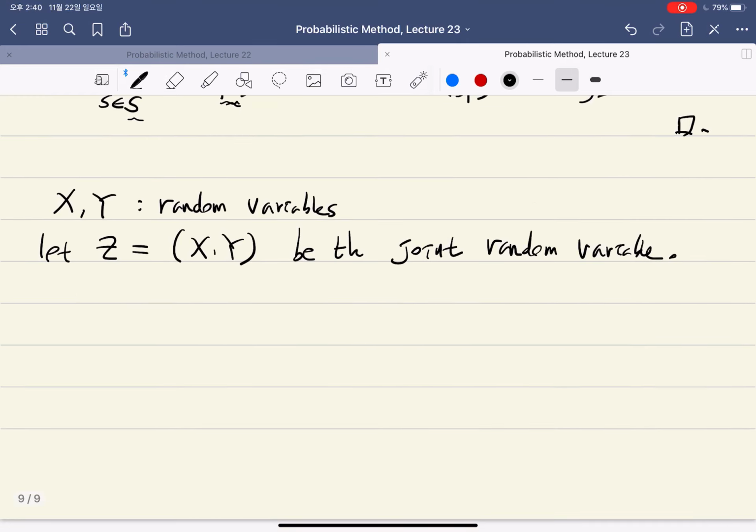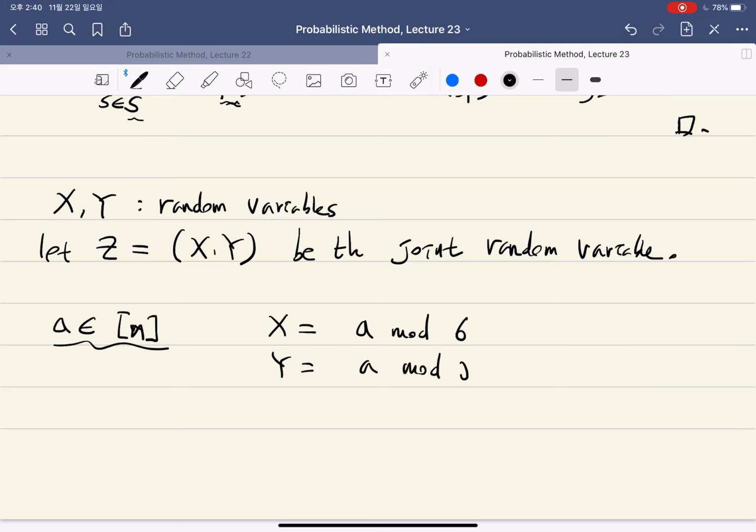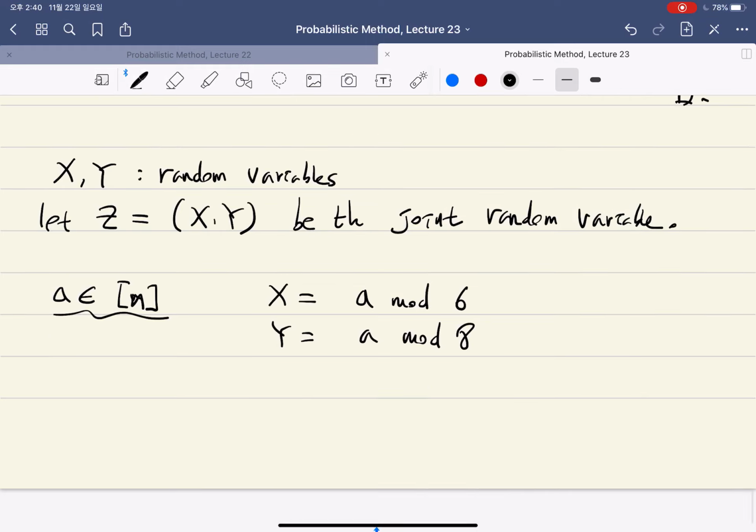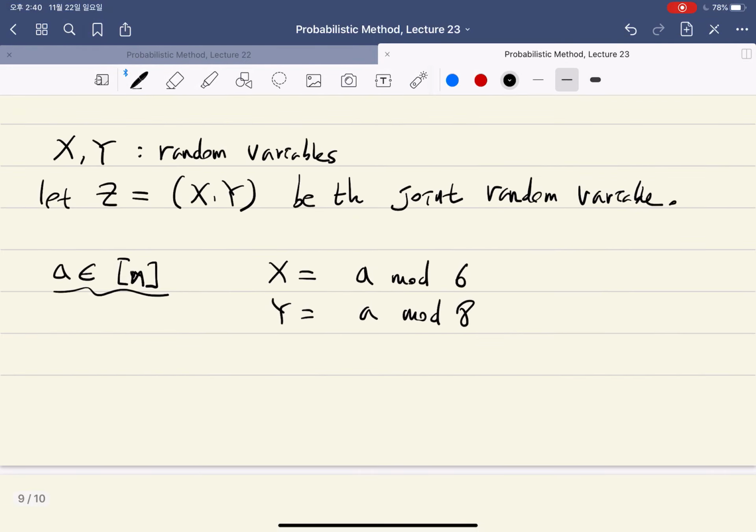So for example, if you have a number a from [n], chosen say uniformly at random, x is a mod 6, y is a mod 8. Then what do we get?